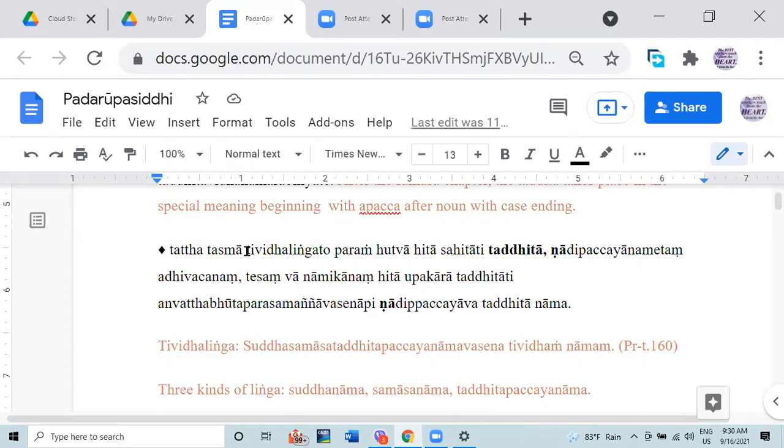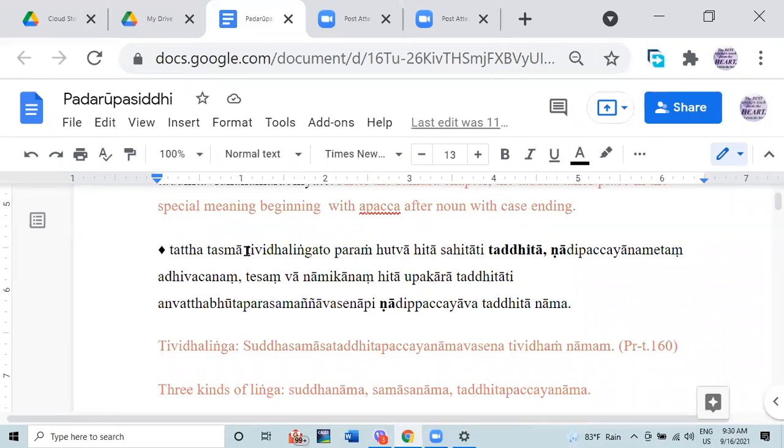That's why I also said in previous classes, if you see a number at the beginning of a compound, mostly it can be two samasas. Number 1, Digu, of course. Number 2, Bhobi samasa.